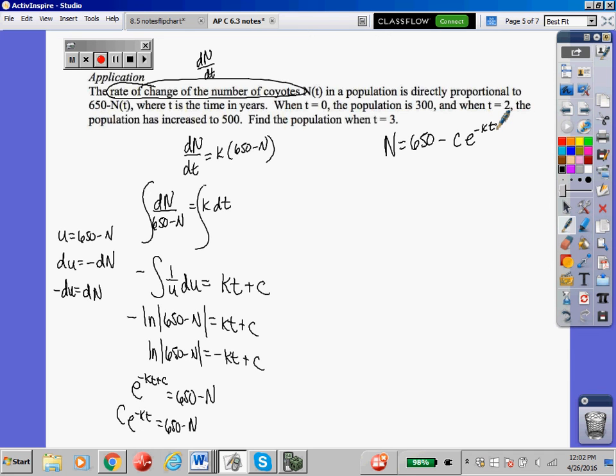Now we have two missing things. So here's the beautiful connection to what we did yesterday and last Thursday. You have two ordered pairs, 0, 300 and 2, 500. You need 2 points to find the c and the k. So watch what I'm going to do. I'm going to plug in the first ordered pair.